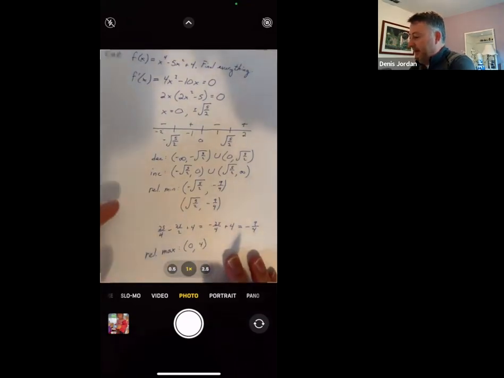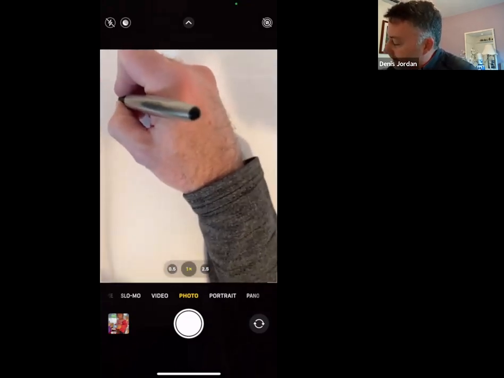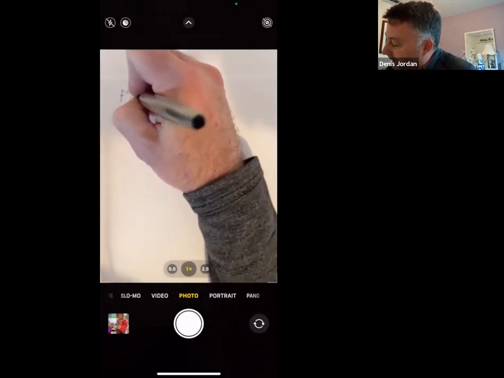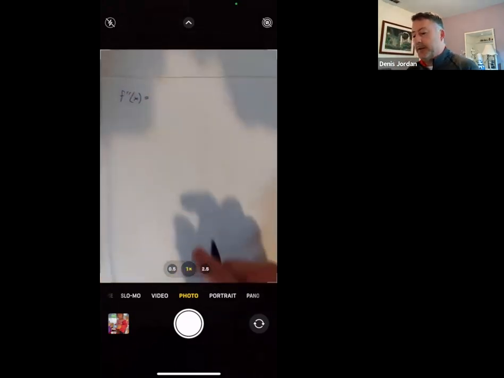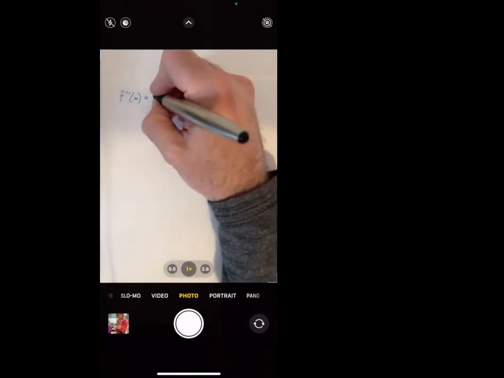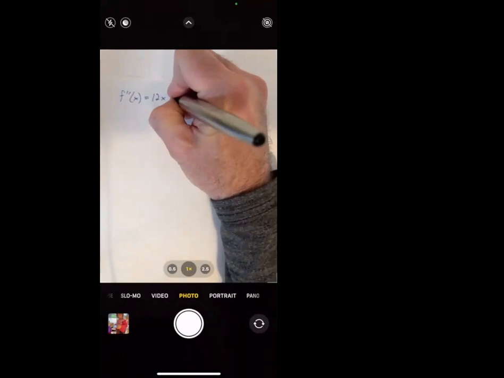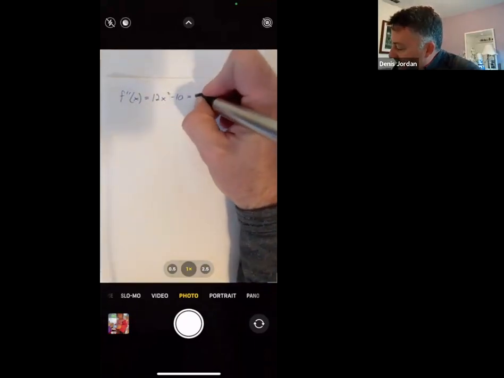Okay. So let's hit the second derivative and go from there. All right, what's your second derivative? 12x squared minus 10. Okay. So you can set that equal to 0.